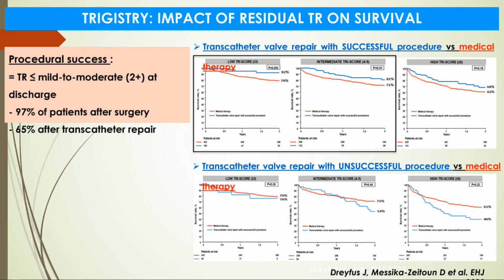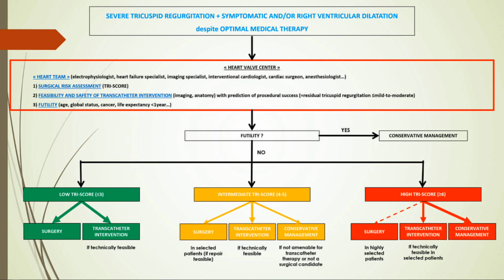But then again, they differentiate the survival benefit you would have with a successful percutaneous procedure versus an unsuccessful one. So I think we should have not necessarily the TriScore itself, but one of the risk evaluation tools guiding our therapy.